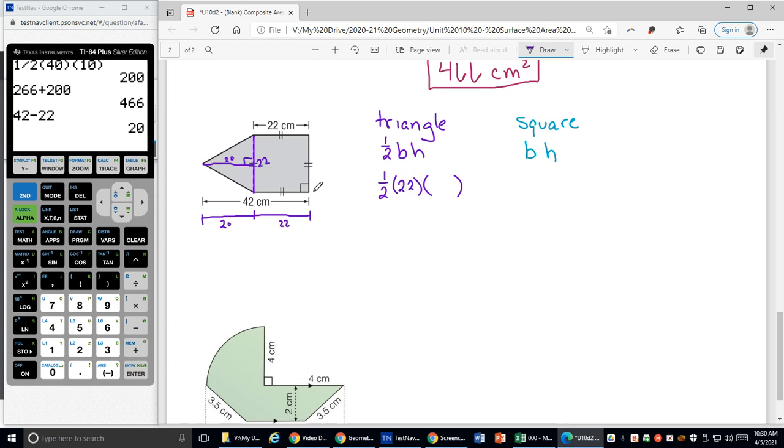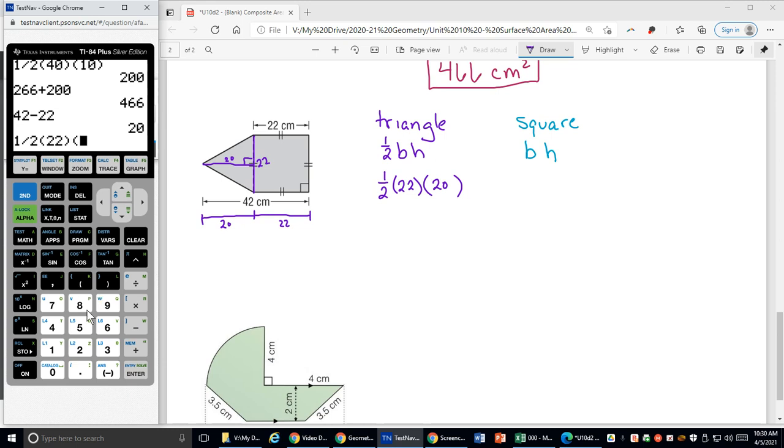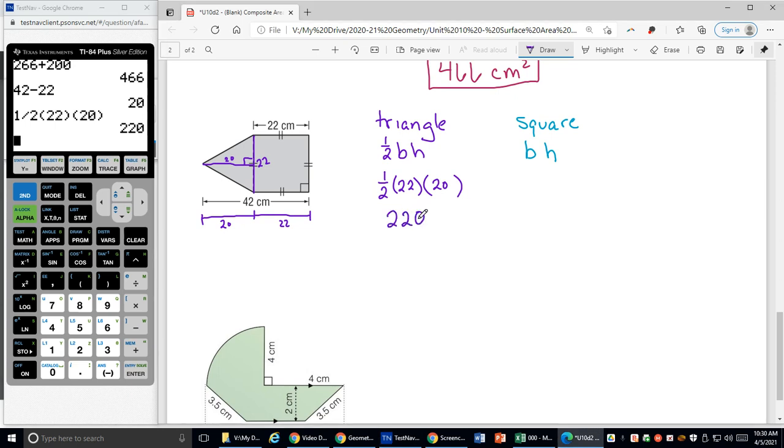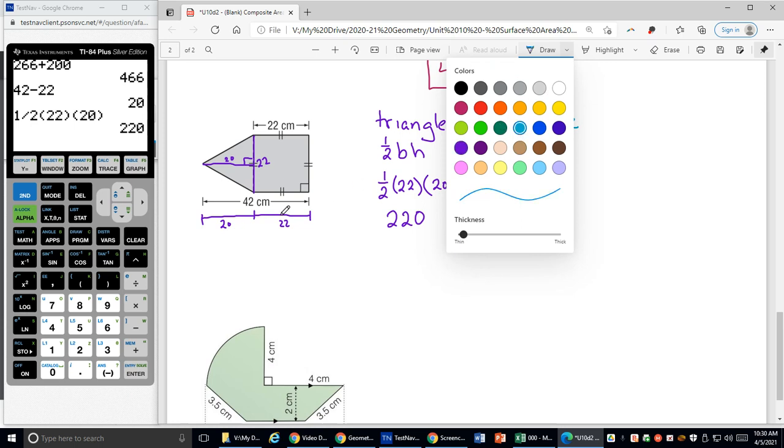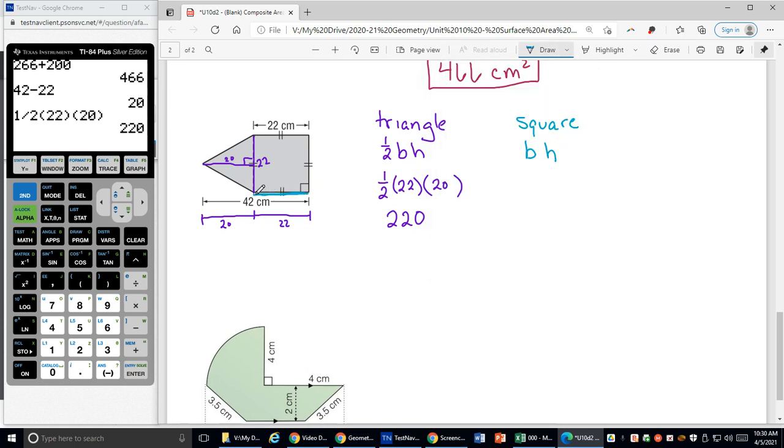My base here is 22. My height is 20. And this I can do in the calculator. 1/2 times 22, 11, times 20 is 220. Okay, my square. The square is base, which we know is 22. The height we know is also 22.